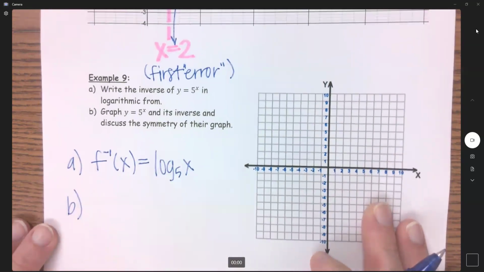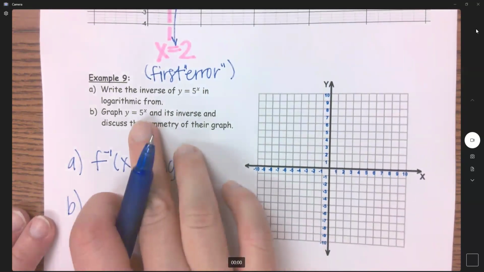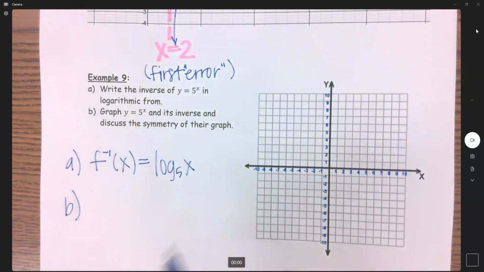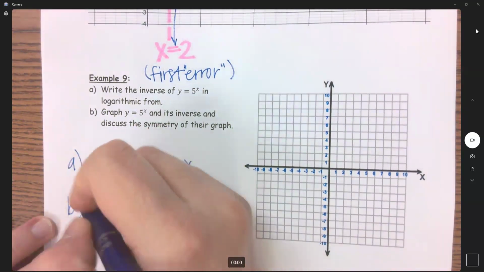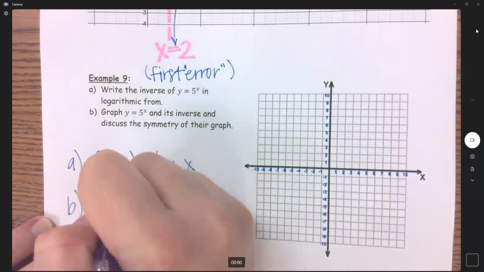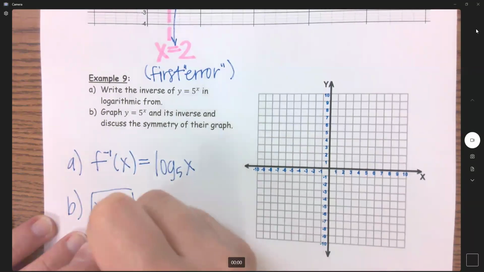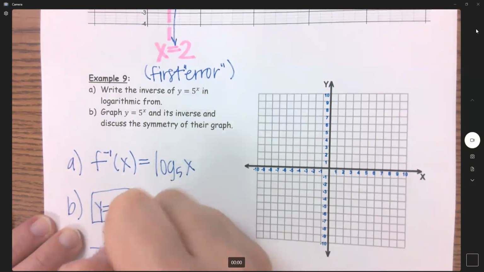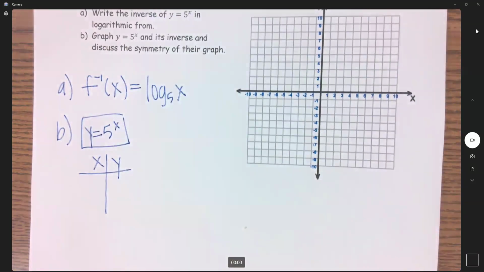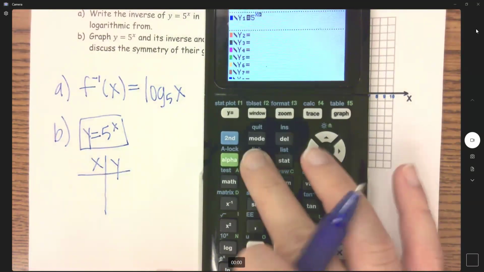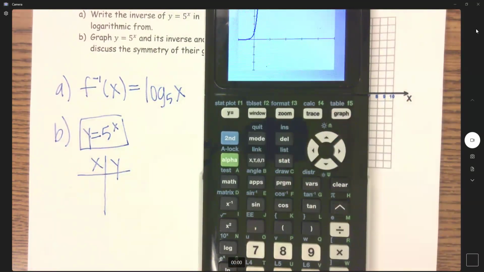So part B, we need to graph y equals 5 to the x and its inverse and discuss their symmetry. Okay, so let's get some values here. Graph this in our calculator. We have 5 to the x. Here's my graph.